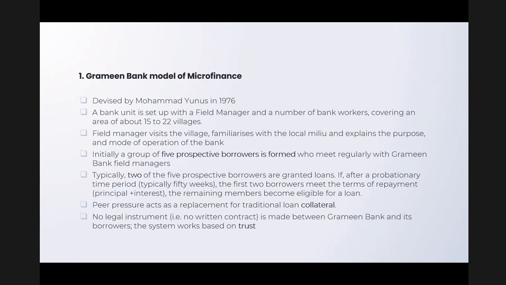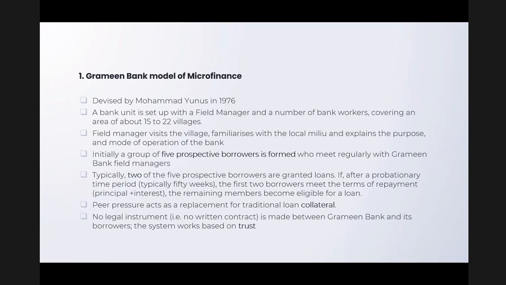So a group of 5 borrowers is formed by the field manager, and they keep meeting regularly. Typically 2 of the 5 prospective borrowers are granted loans. If after a probationary time period, typically 50 weeks, the first two borrowers meet the terms of repayment, that is principal plus interest, the remaining members become eligible for a loan.